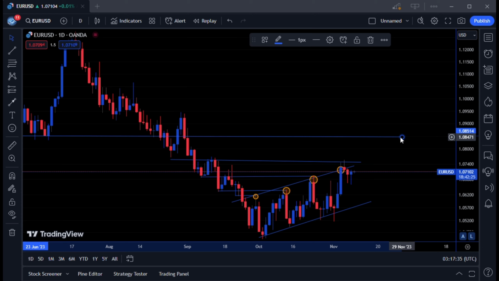The expectation is that the market would react to this level. It's either the market breaks through or bounces off this level. If prices move higher from here, it's more likely the market would bounce off this level.